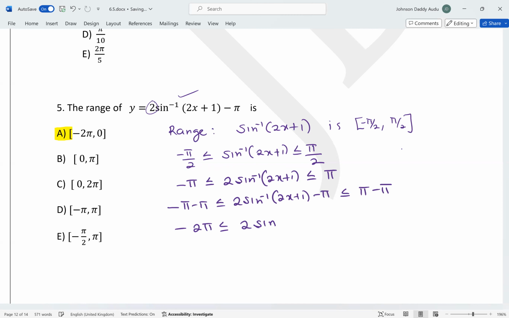Now, what we have in the middle here is the same thing as y. So you have y, and this will give us 0. So we have from minus 2 pi up to 0. That is the range. Okay, yes.